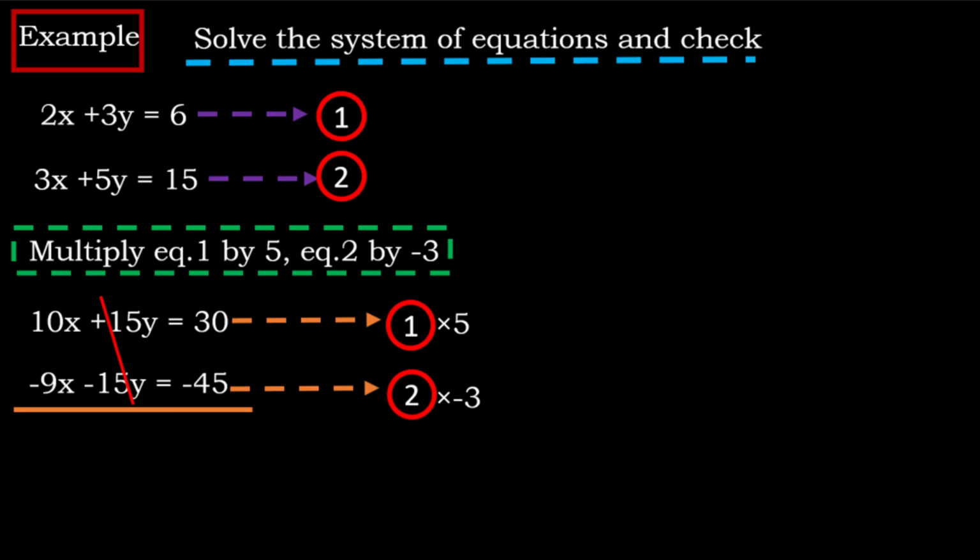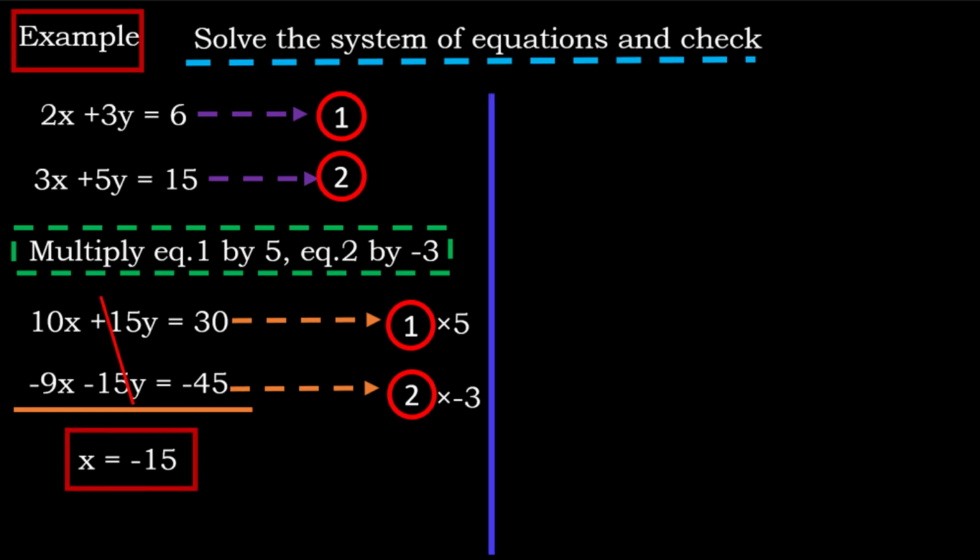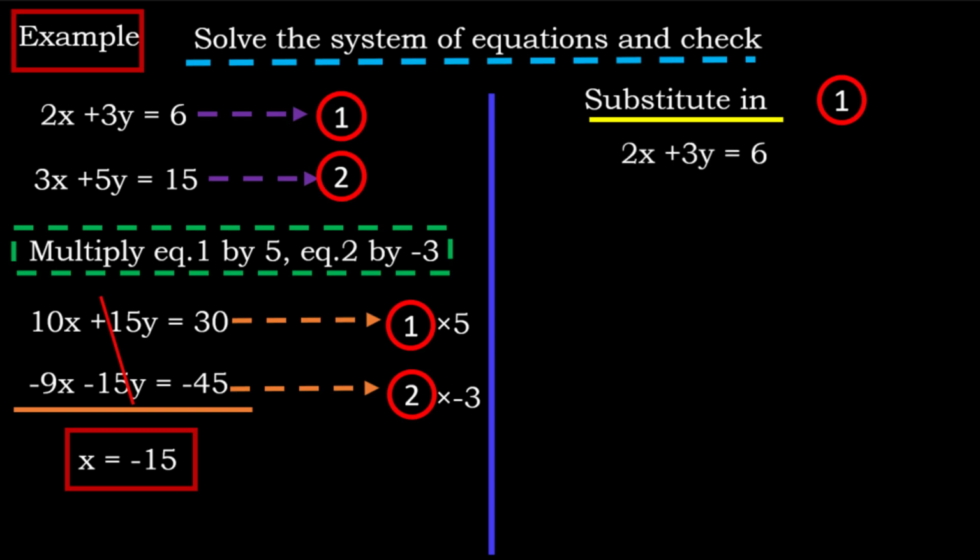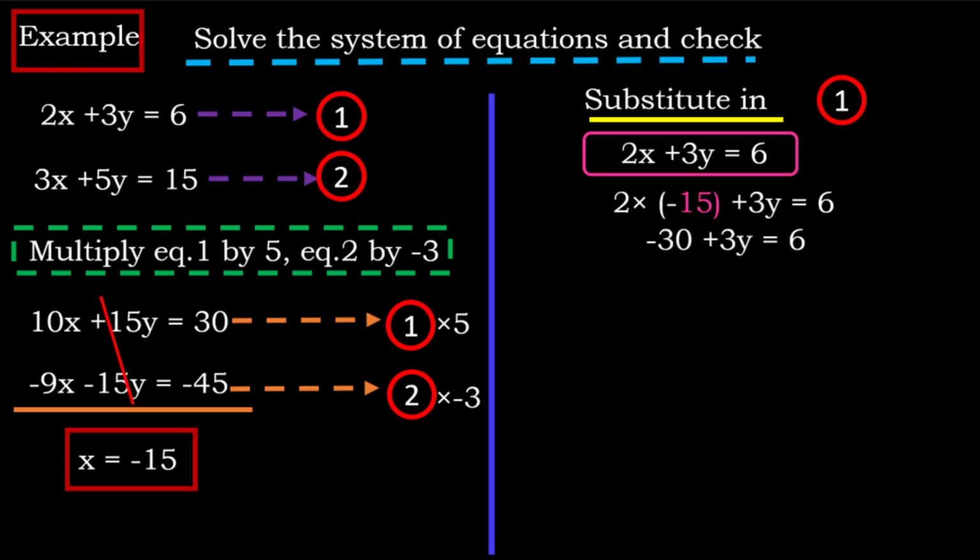10x plus negative 9x, it will be x equals negative 15. Now to find the value of y, substitute in equation number 1 or equation number 2 as you like. I will substitute in equation number 1, 2x plus 3y equals 6, so cancel x and write negative 15. 2 times negative 15 plus 3y equals 6, we get negative 30 plus 3y equals 6.